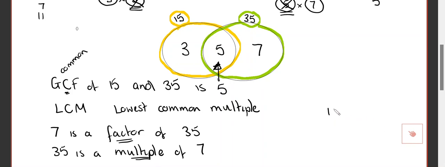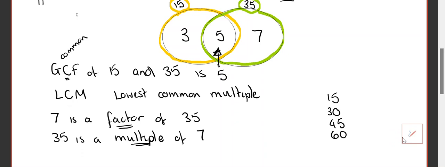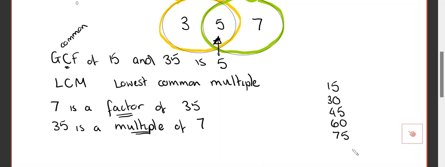What's the 15 times table? 15, then 30, then 45, then 60, 75, 90, 105. Let's stop there. What are the multiples of 35?